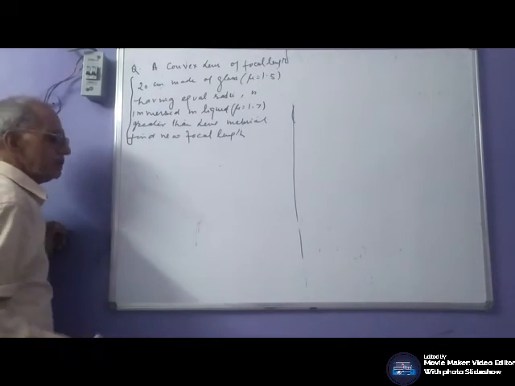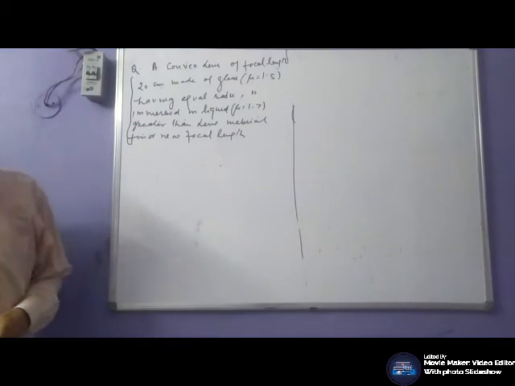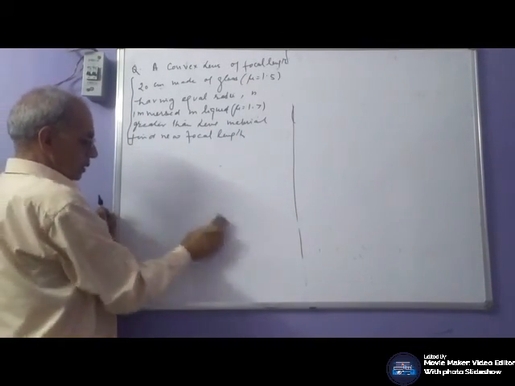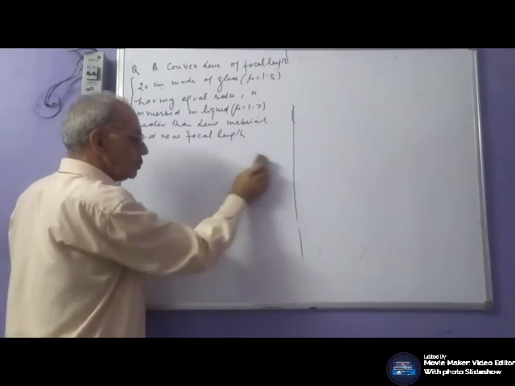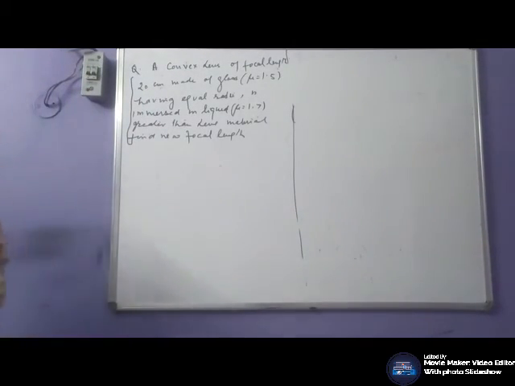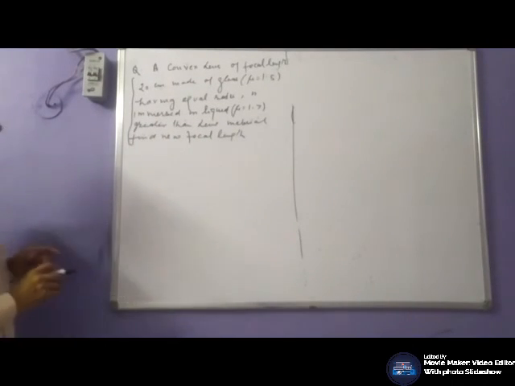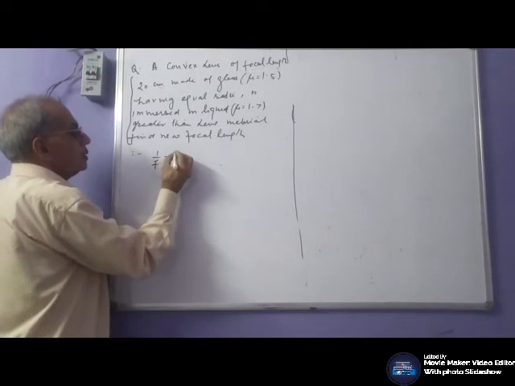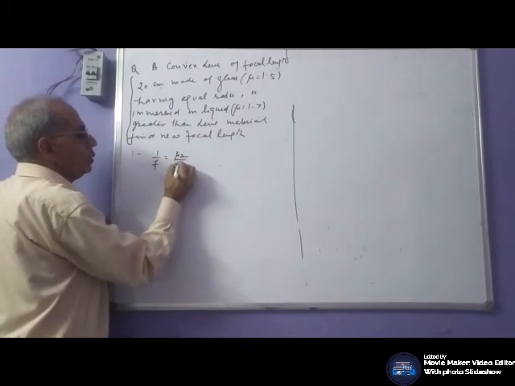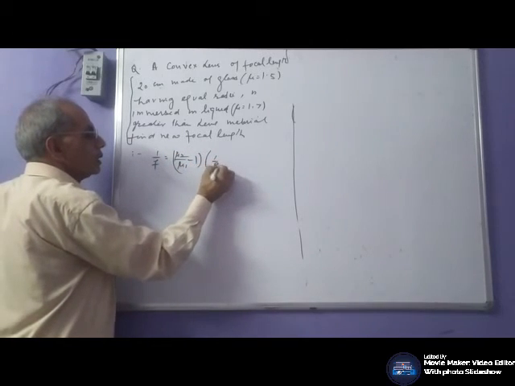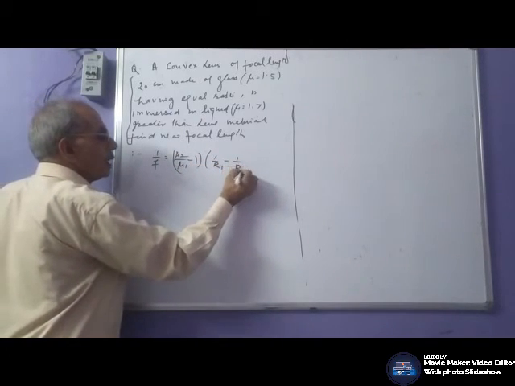First part same as we have already done, same in both numericals. Now in this third numerical, the first part remains the same. This means 1 by f is (mu 2 by mu 1 minus 1) into (1 by r1 plus 1 by r2).